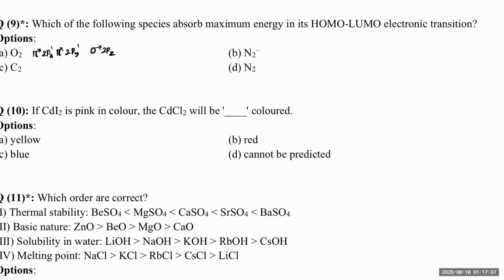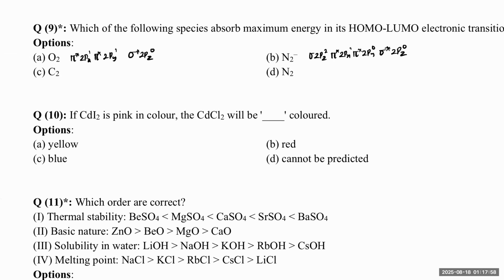N2 minus, we have sigma 2pz2 and pi star 2px1 and pi star 2py0, and then we have sigma star 2pz0, right? This is the configuration of N2 minus.